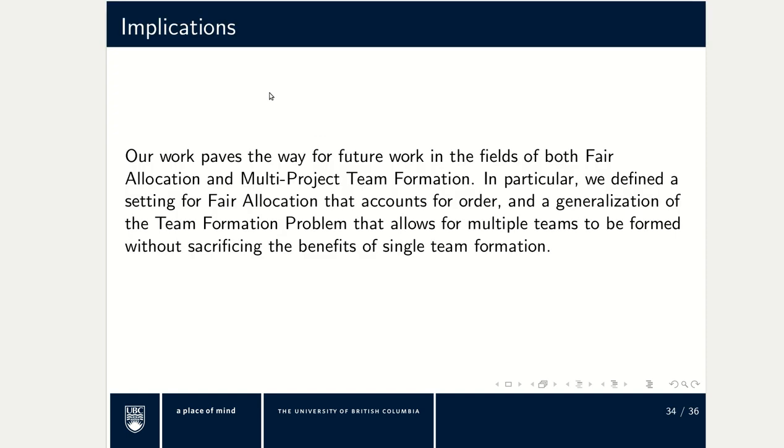Yeah, so our work paves the way for future work in both fair allocation and multi-project team formation. In particular, we actually defined a setting in fair allocation that is powerful enough to account for order, although our value function, we deliberately kept it order agnostic. And we also generalized the team formation problem to allow for multiple teams to be formed without sacrificing the benefits of single team formation.